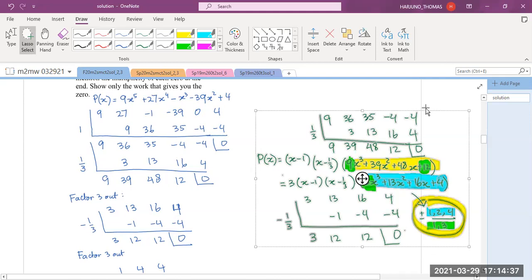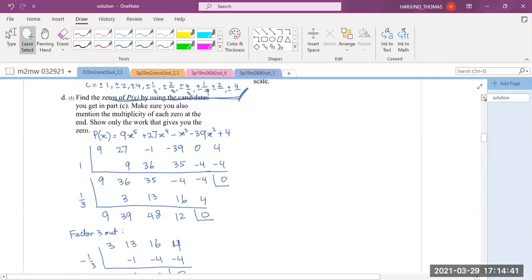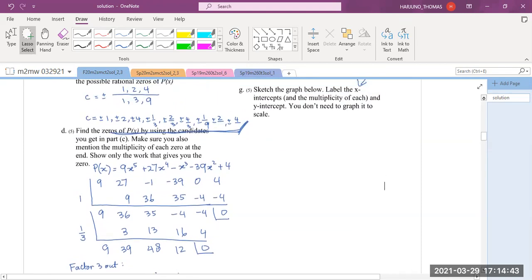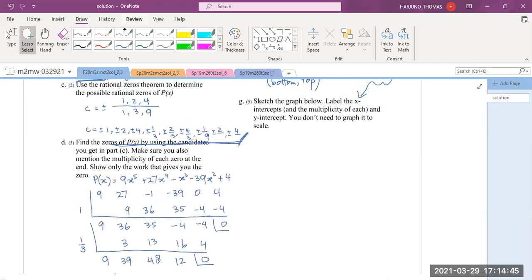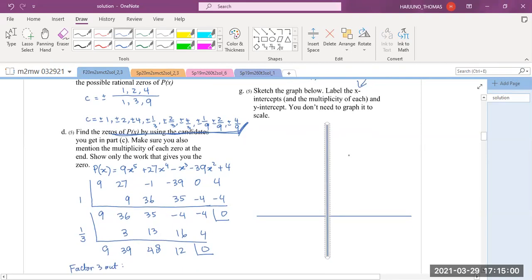Again, the one I marked in green was only for my scratch paper earlier. Now suppose I need to sketch this. My y-intercept is (0, 4).